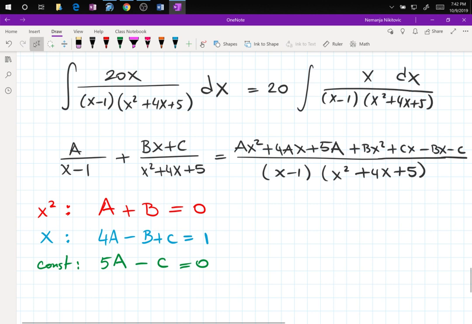I can't see the equation. Oh, yeah, we don't use x. How much is that? So, 12 half.